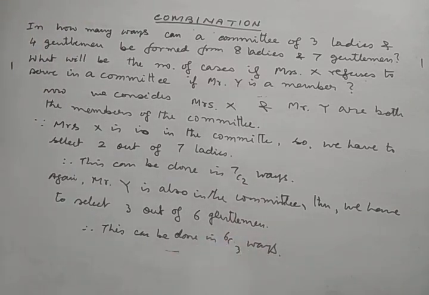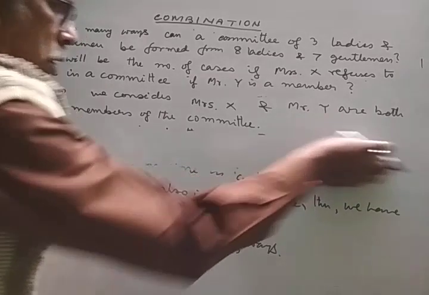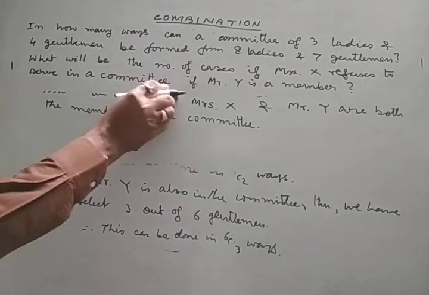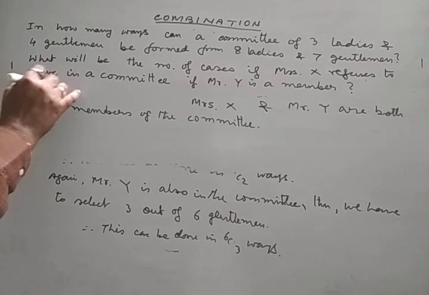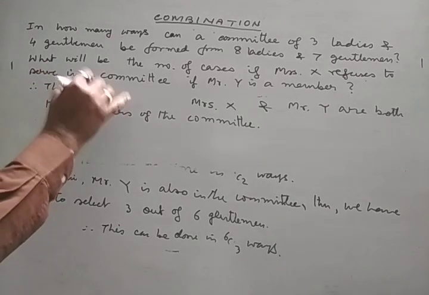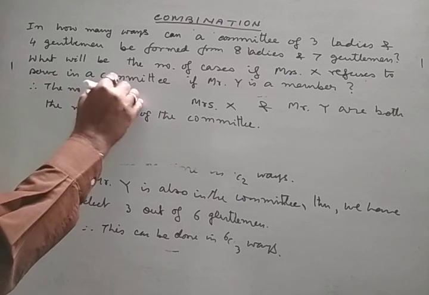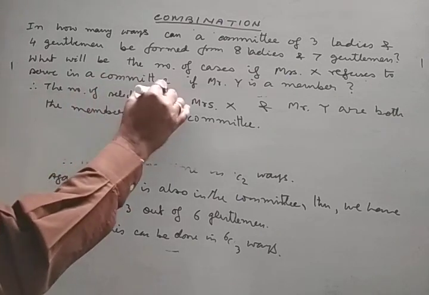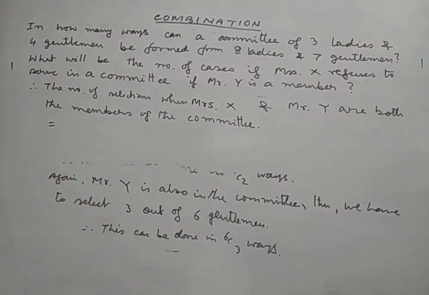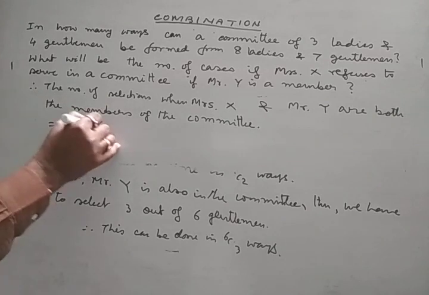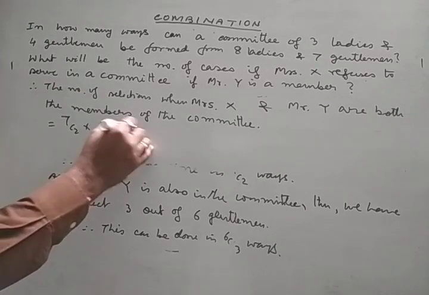Therefore, the number of selections when Mrs. X and Mr. Y are both the members of the committee is equal to 7C2 into 6C3.